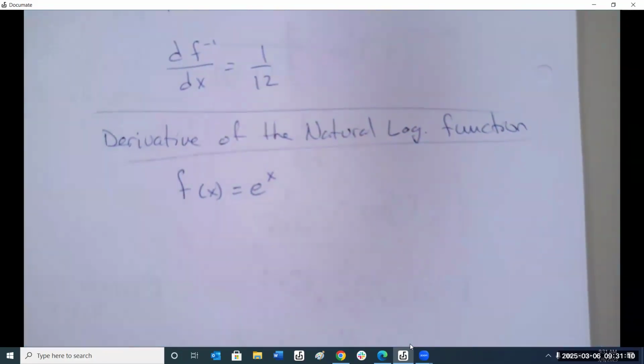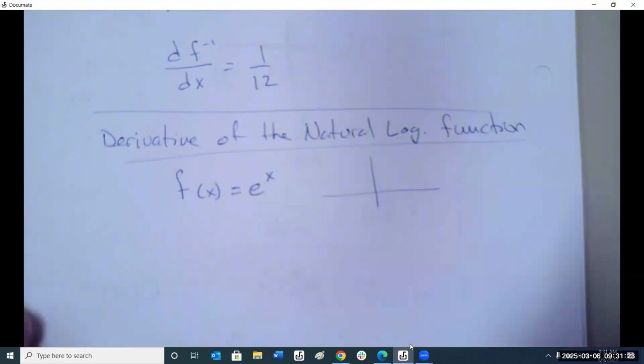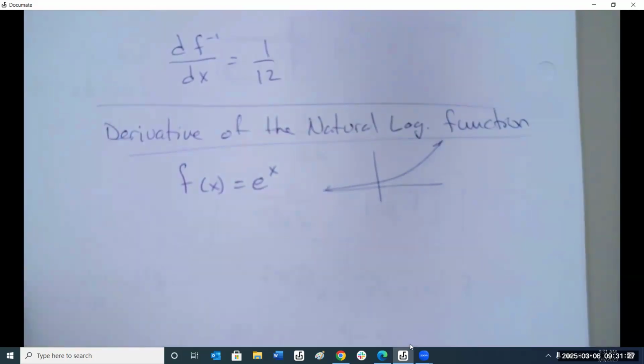We'll start off with this. We know that that function is, what do we know about that equation there? What does the graph look like? It's exponential. It never crosses the x-axis, so it's never zero or never negative. It's always increasing.